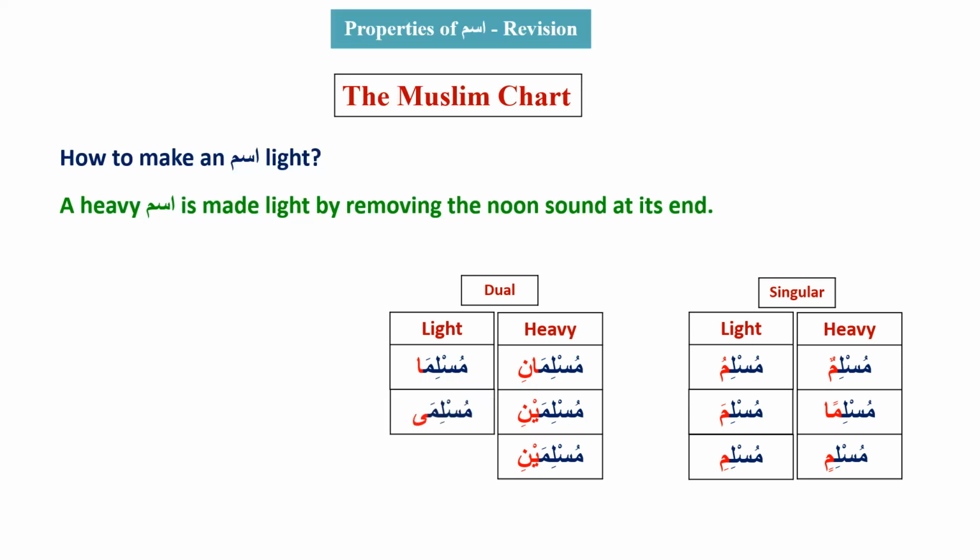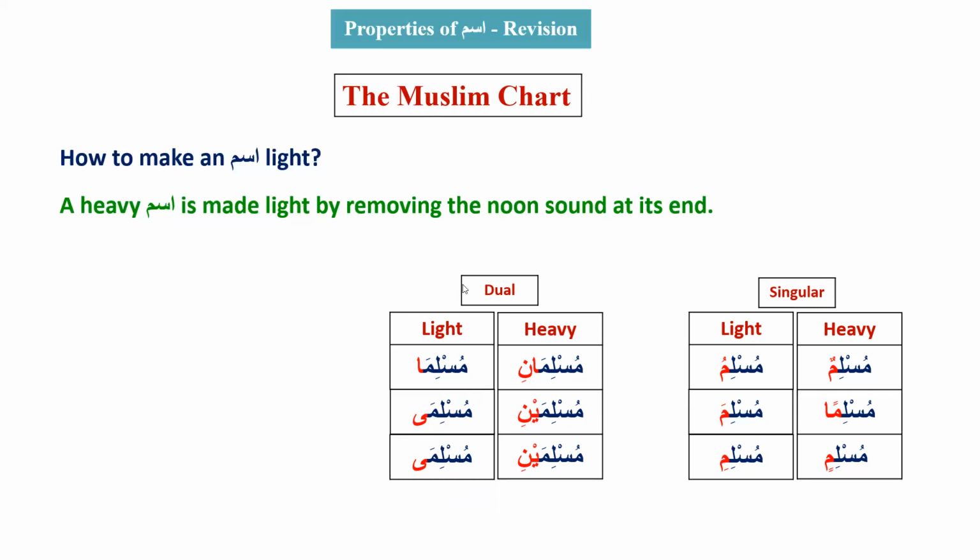Muslimai. So Muslima is light, Muslimai is light. Muslima is Rafa, because Muslimani was Rafa. And Muslimaini was Nasab or Jar, so the same applies to Muslimai. All right, thank you, Brother Mia Hamid.